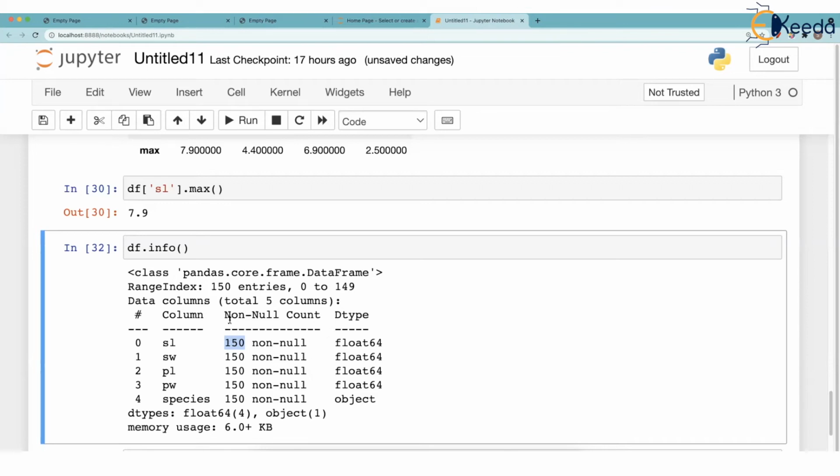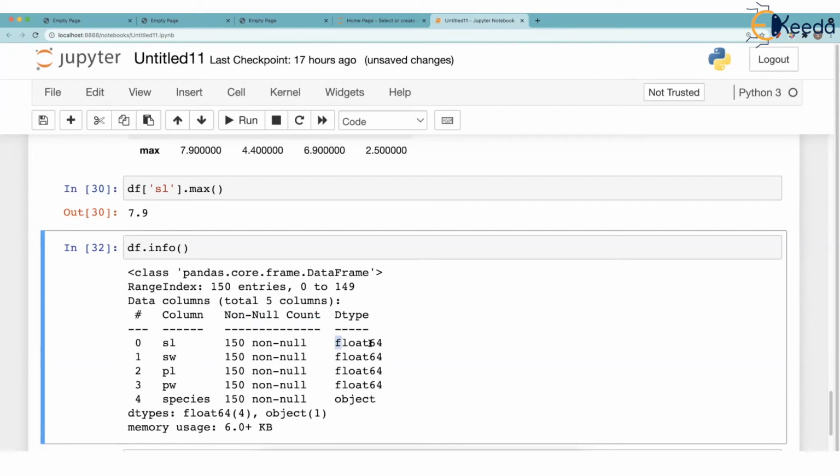So none of the values is a nan. Non-null values are 150. Good. That means we don't have any missing value of SL. Non-null count is basically the name of the column here. 150 values are non-null. That's very, very good news for us.